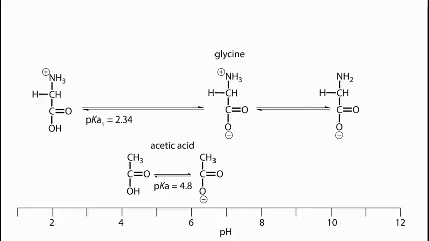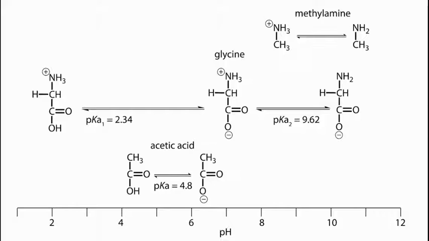That amino group, we said, had a pKa of around 9. Funny thing, methylamine, that amino group, has a pKa of around 10.6. How come these values are different than free acetic acid or free methylamine? I'll let you guys think about that.